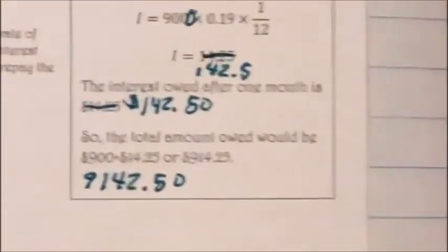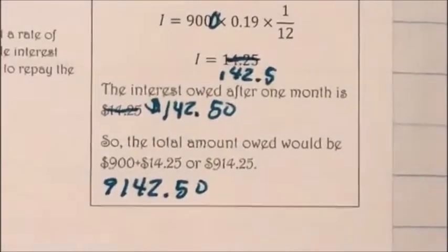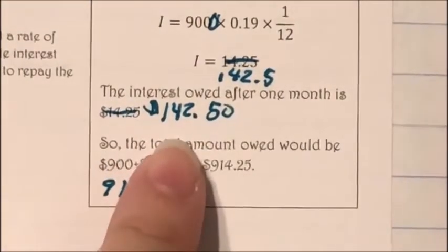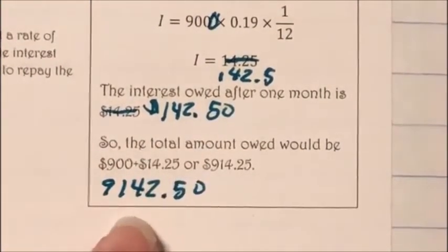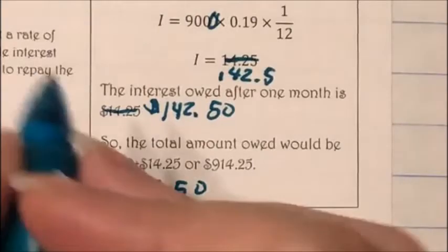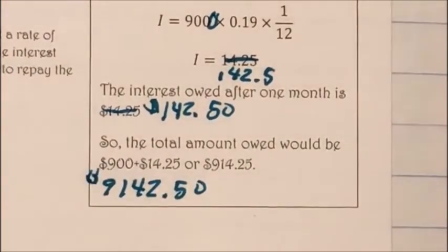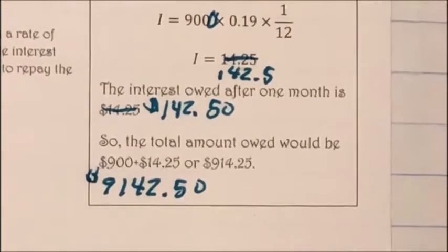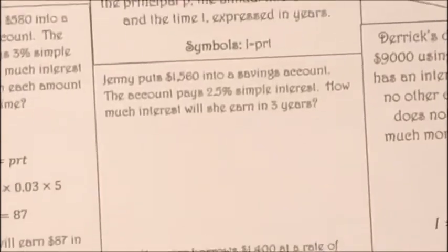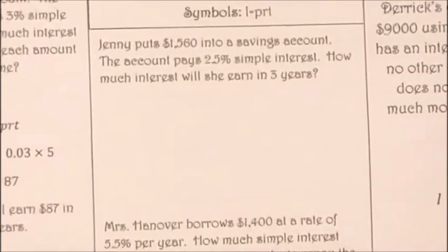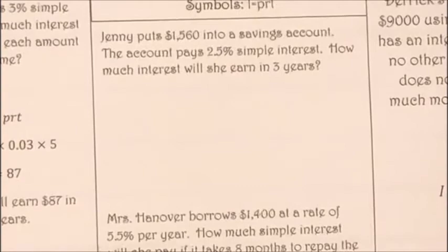There's my interest owed, and the total amount would be $9,142.50. All right, there are 2 try it problems, so go ahead, try them out on your own. Pause the video. Once you're done, come back and we will go over the answers together.